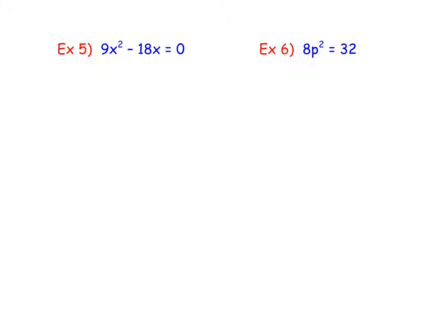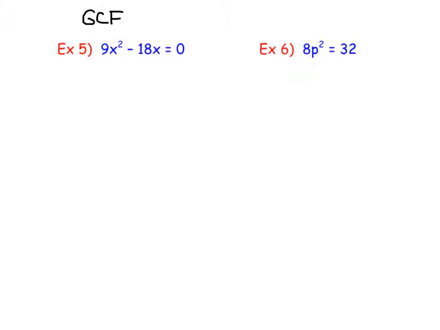So you'll see an example like number 5. This is a quadratic equation. It's equal to 0. It has an x squared, and then it has an x. So what we have here is it's not in the traditional form. So remember the first thing we need to do when we factor is you want to find the GCF.